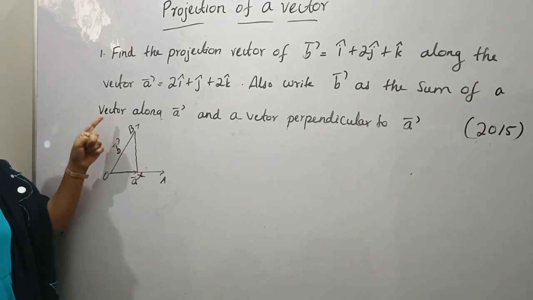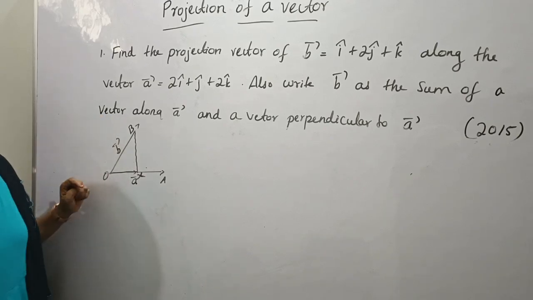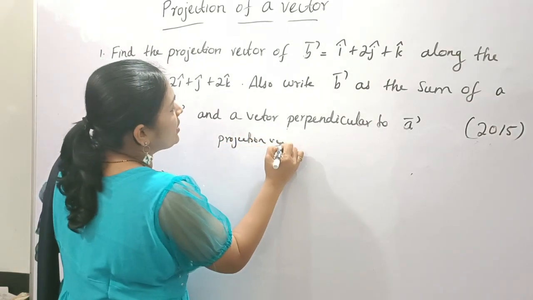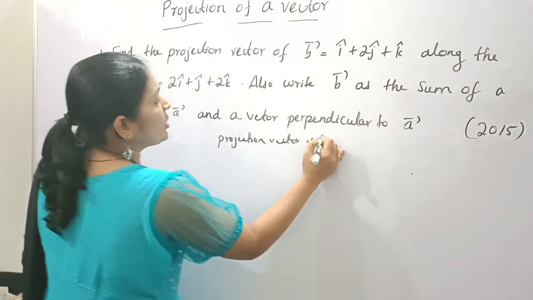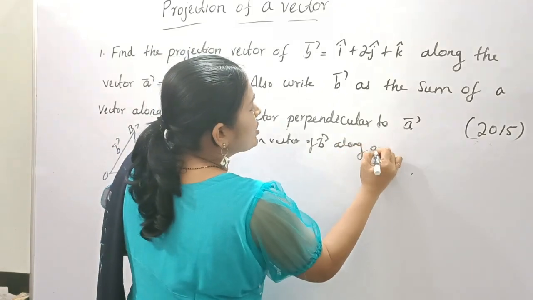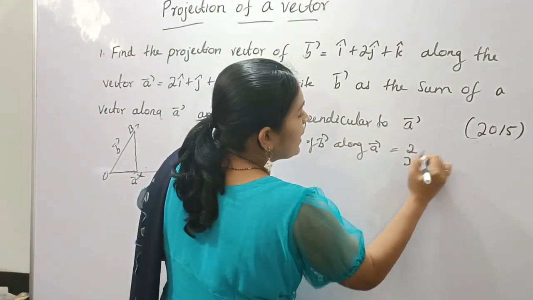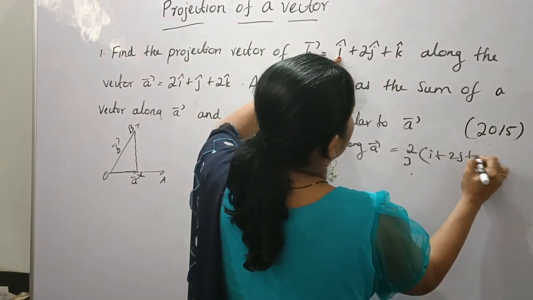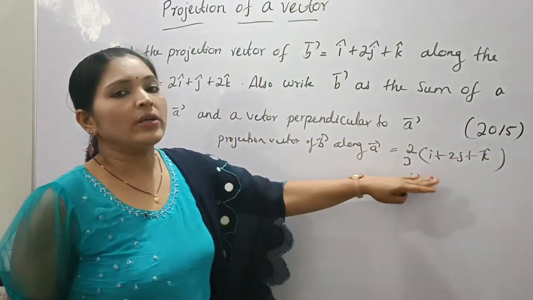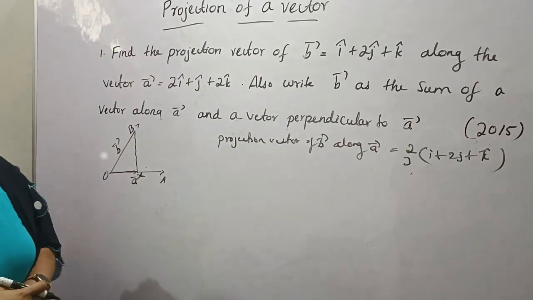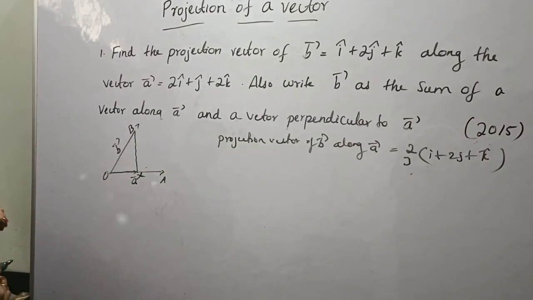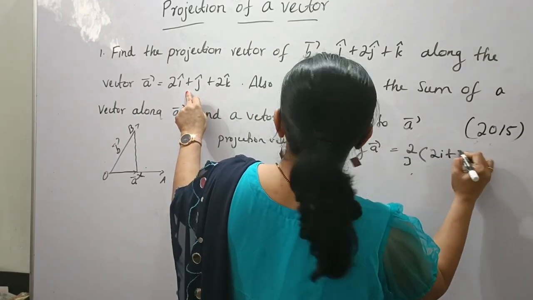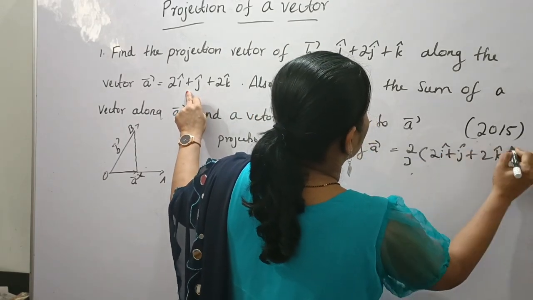Therefore, the first vector is nothing but the projection vector. What we have got is that the projection vector of vector B along vector A is 2 by 3 into 2i plus j plus 2k.